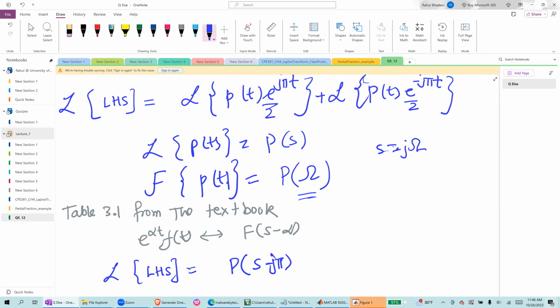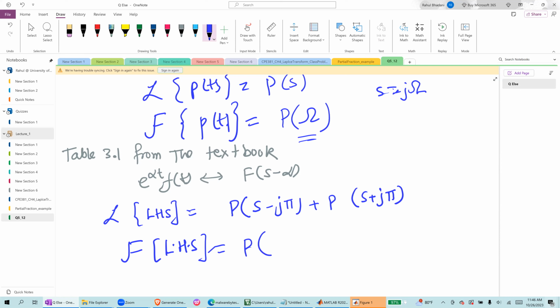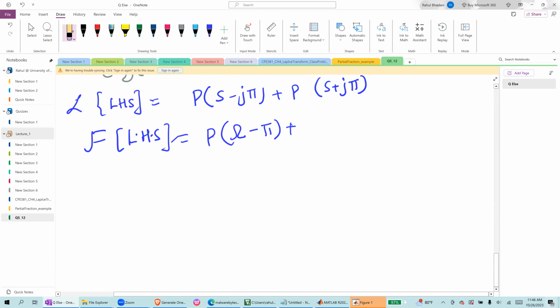In the Laplace domain we write it like this, and while writing the Fourier transform notation, we just drop the j. So we write like this, P of ω.